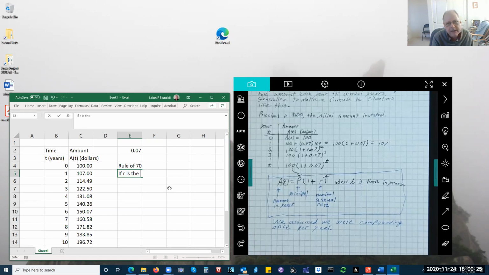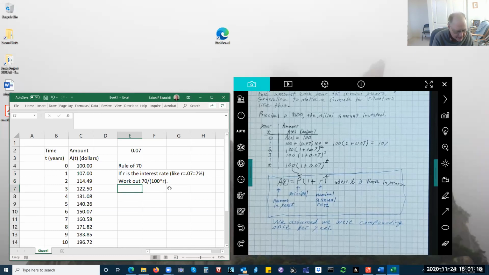If R is the interest rate, and for example, like R equals 0.07, or that's 7%, work out 70 divided by 100 times R. Okay.